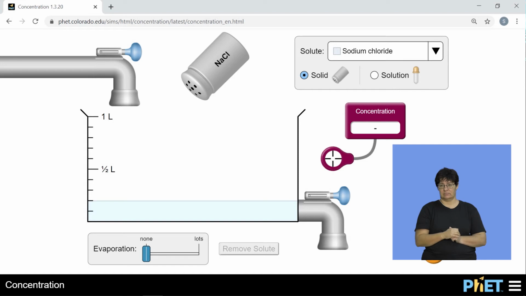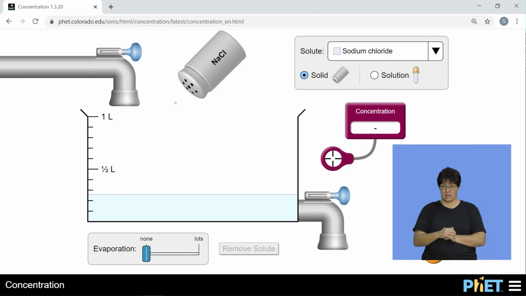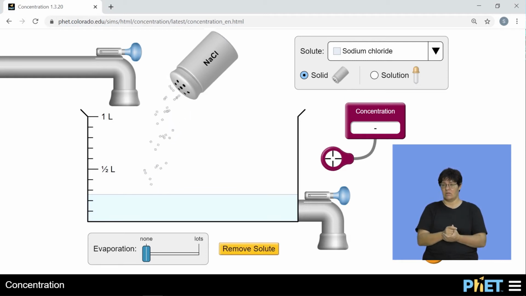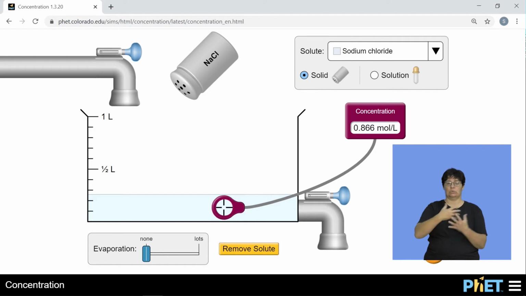So 250 is between 200 and 300. If we add the sodium chloride, it will dissolve in that. We want this solution to have a concentration of 0.1. Already, clearly, we've added a lot of the solute there.